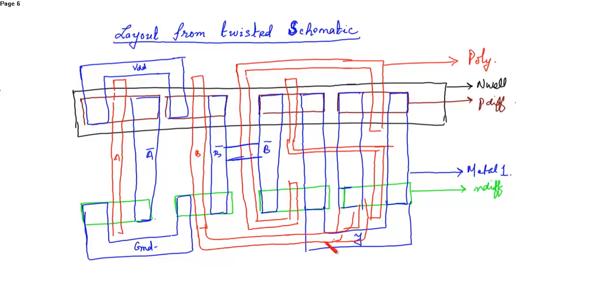I think we could have connected this output over here so as to bring convenience, but it's okay. So here there is an overlapping between poly and metal, so you need to place a poly contact. So this is a poly contact.